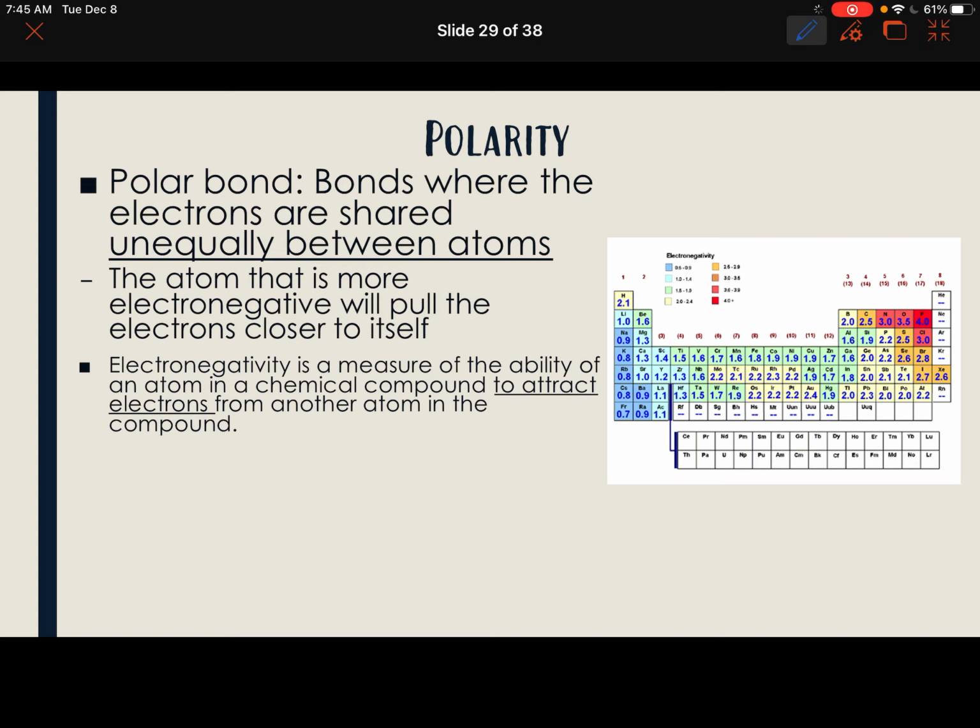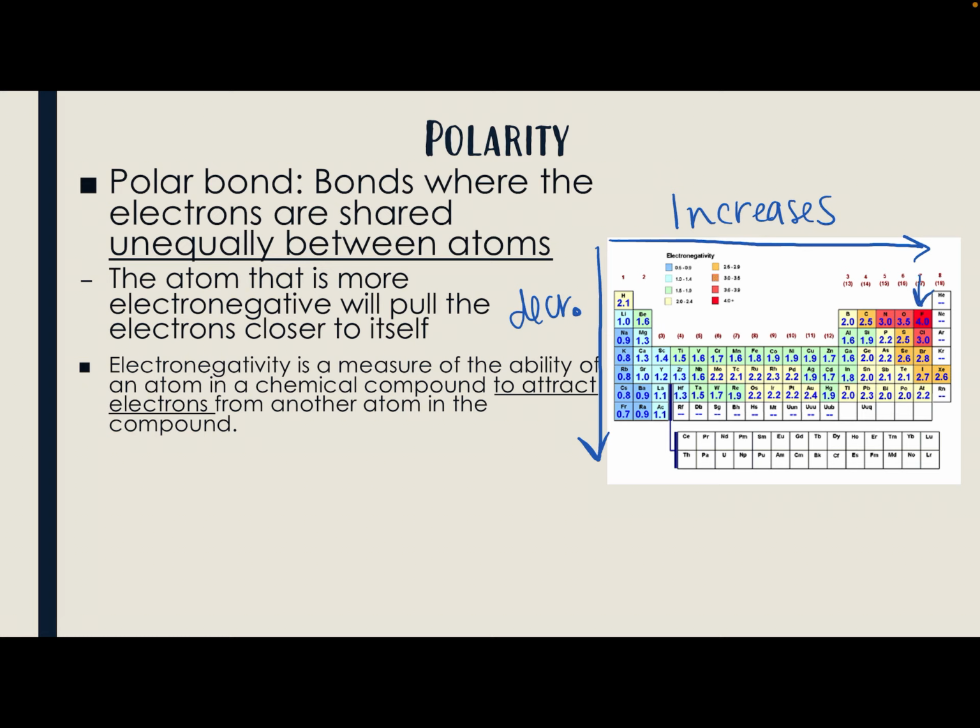So electronegativity is a measure of the ability of an atom in a chemical compound to attract electrons from another atom in the compound. So here we have an electronegativity value chart. Electronegativity increases as you go across a period, okay? They get stronger, and then it decreases as you go down a group. You'll notice that fluorine is the most electronegative atom.